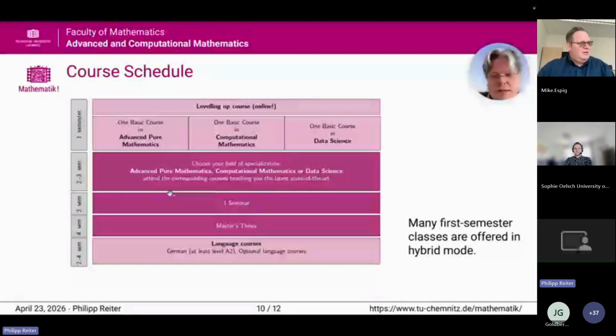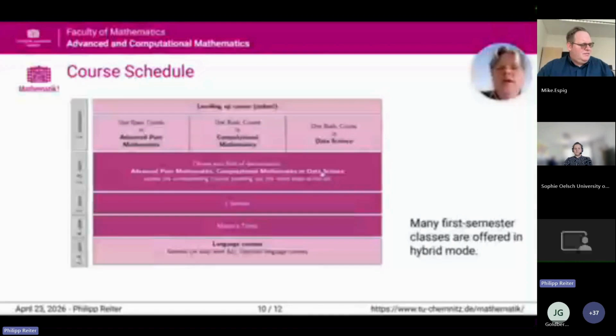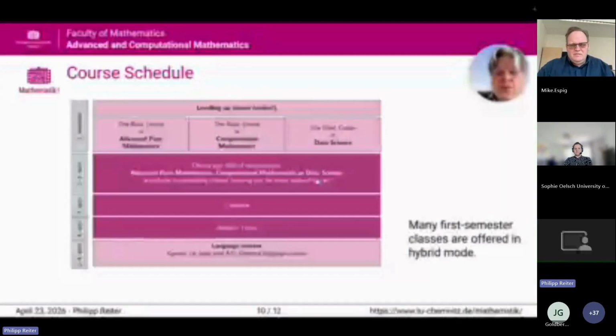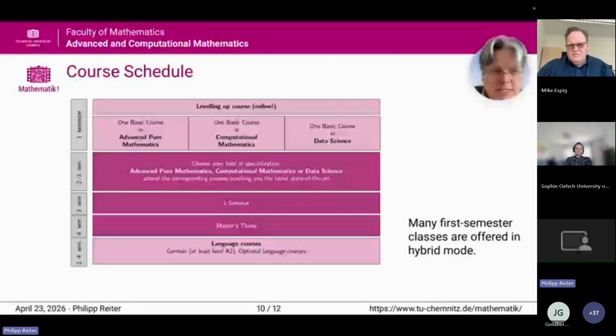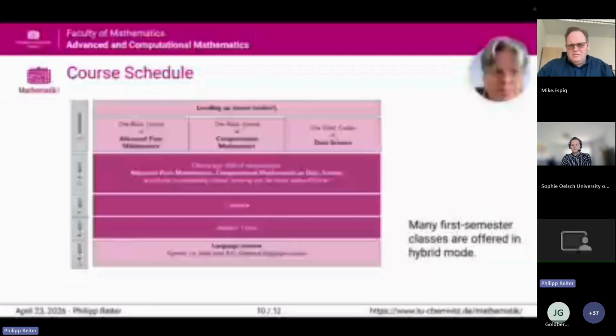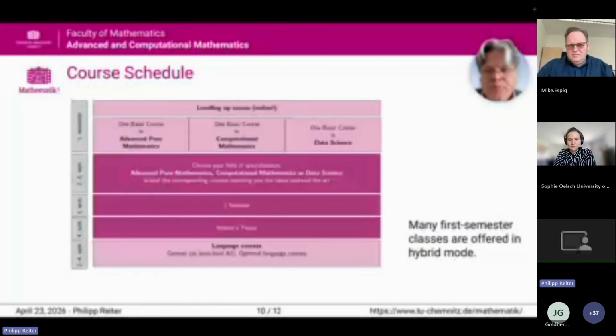But the real emphasis here is on attending a number of classes from your specialization field, for instance, data science. Then you can really put here a strong emphasis on data science. And this would then, including the master's thesis, be what you actually do in your study program.